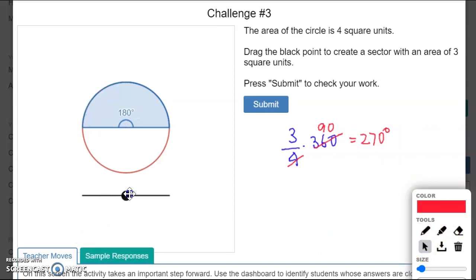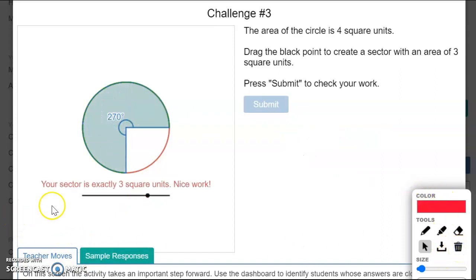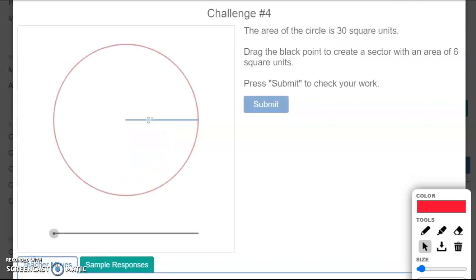Or maybe you even know that I can just half that 180 and half that again, another 90. 180 plus 90 is going to be 270. Okay, nice work. I got exactly. Now that I can measure the angle measures, I can be a lot more accurate.